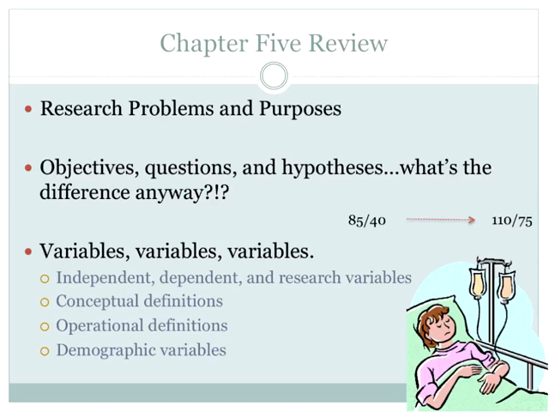That tells me pretty much that independent and dependent variables are going to be seen in a quasi-experimental and experimental study, and that research variables are going to be found in a descriptive and correlational study. Right about now, you're thinking, why does this lady keep talking about these different research designs?